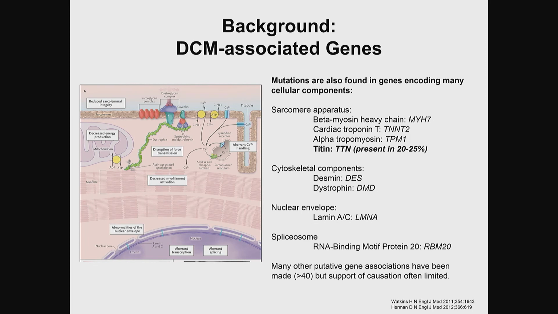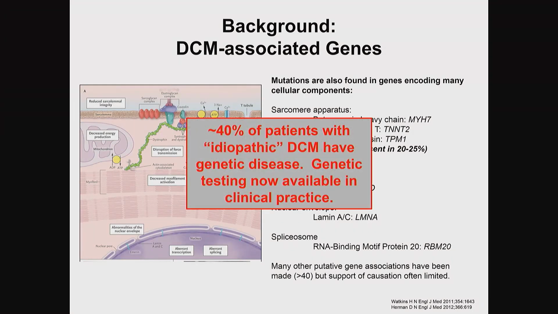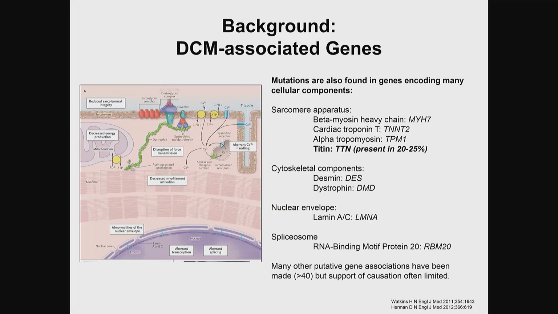Over 40 putative gene associations have been made, but supportive causation is limited for all 40. In brief, 40% of patients with so-called idiopathic DCM have genetic disease, and genetic testing is now available in clinical practice, with the most commonly mutated gene being TTN, which encodes the giant muscle protein titin.